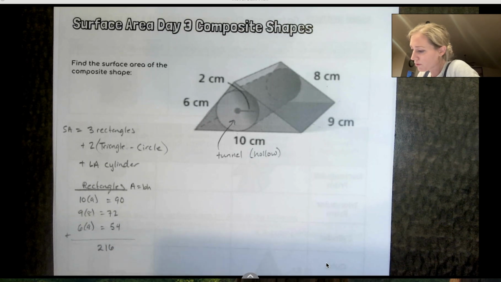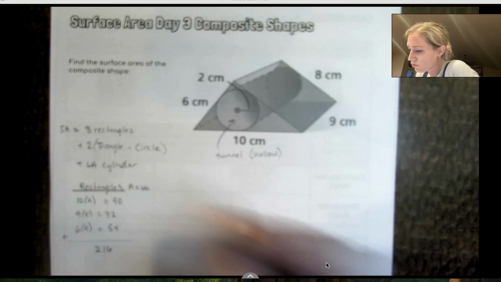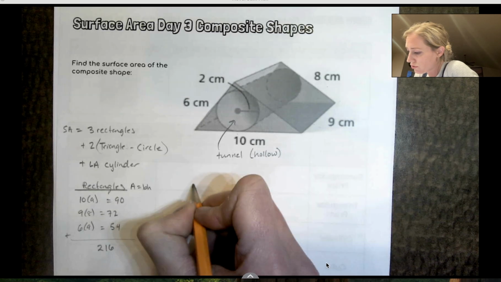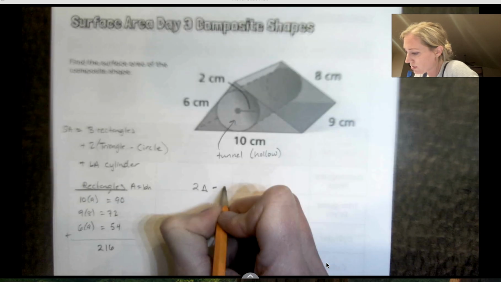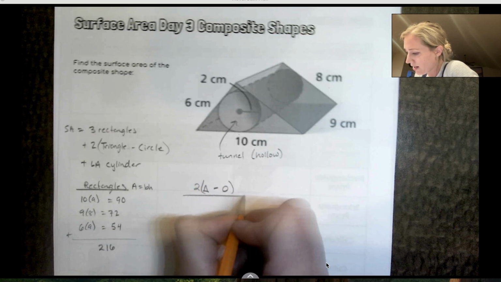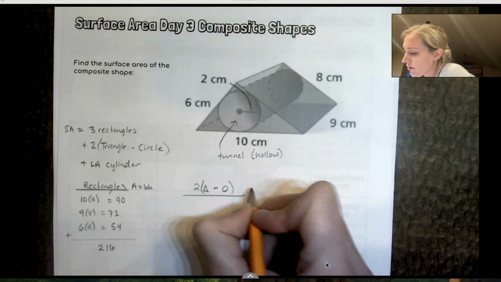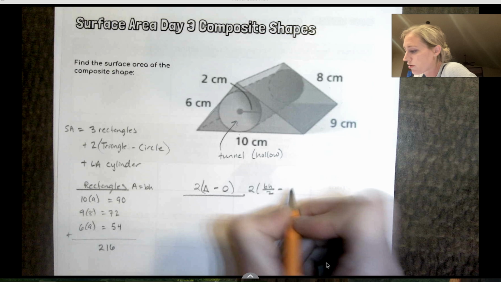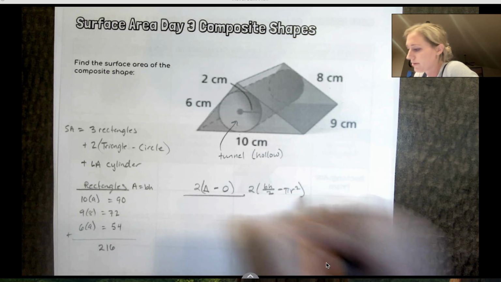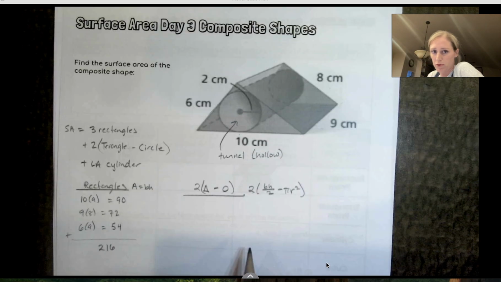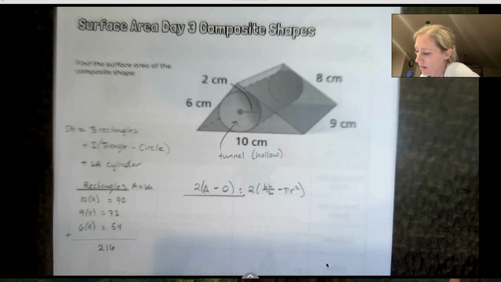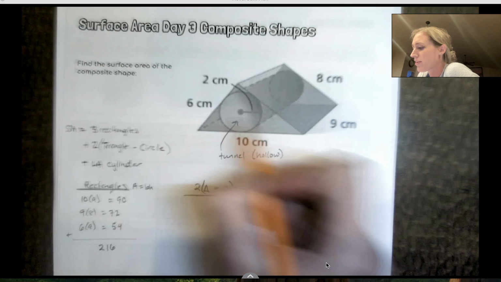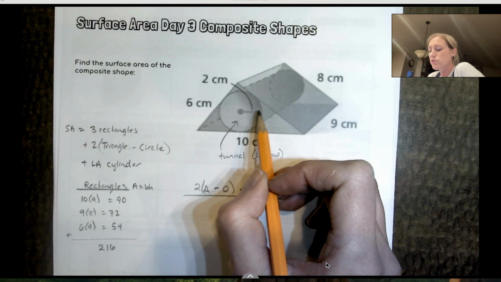Now I'm going to do the 2 triangles minus the circle. The triangle is base times height divided by 2, and the circle is pi r squared. And I have 2 of those, so that's why we're multiplying by 2. So my triangle, base times height: this triangle is actually turned on its side.